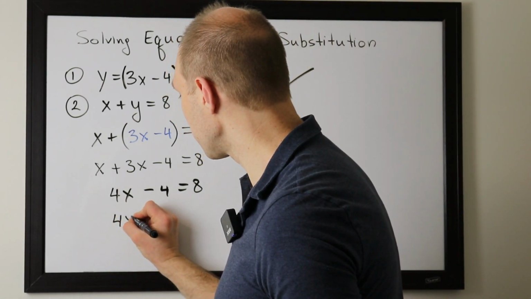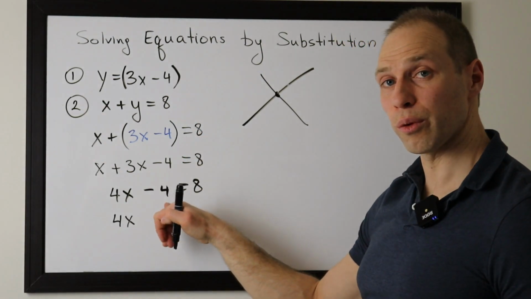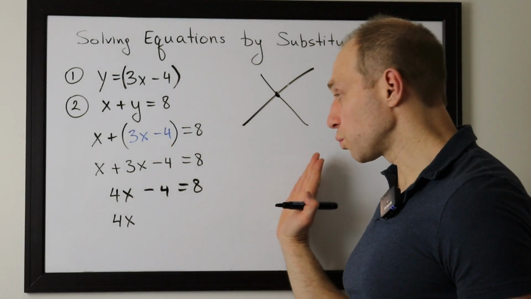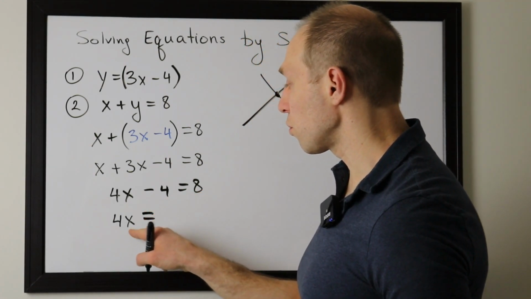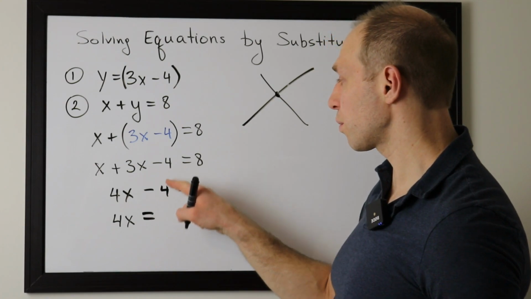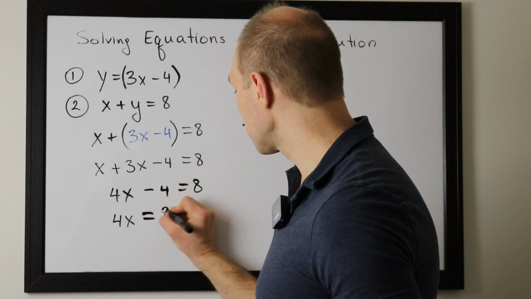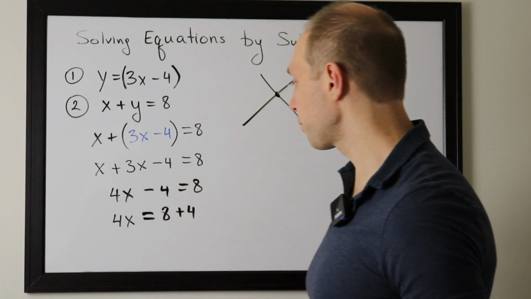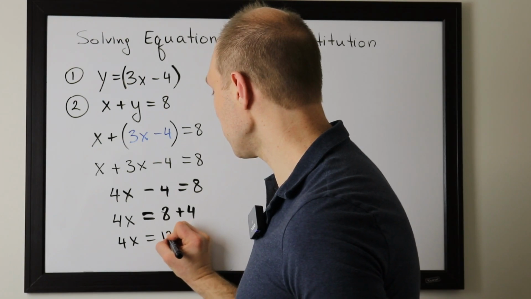So 4x will stay on the left side of the equal sign, and the negative 4 will travel towards the right side. When a negative crosses an equal sign, it becomes positive. So we have 8 plus 4. So 4x is equal to 12.